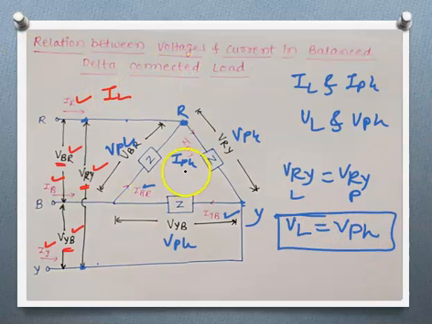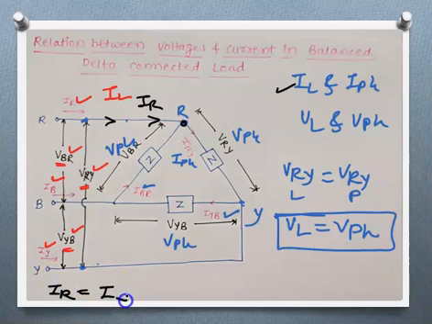Now see for currents. We want the relation between IL and IPH. Here this is the supply line and this is the line current IR. This line current here is also line current, up to this point. At this point it gets distributed within these two branches. That means IR is the resultant of IRY plus IBR. But at this point, IRY is outgoing while IBR is incoming.